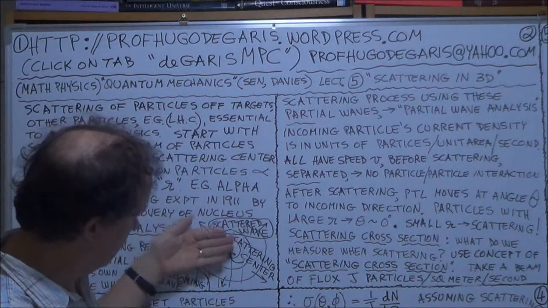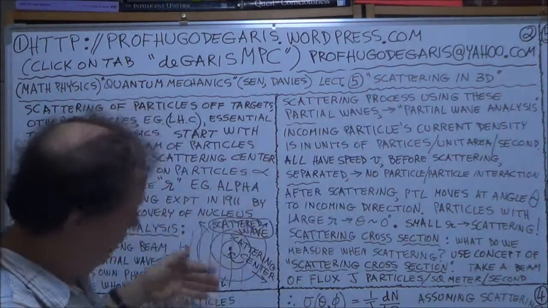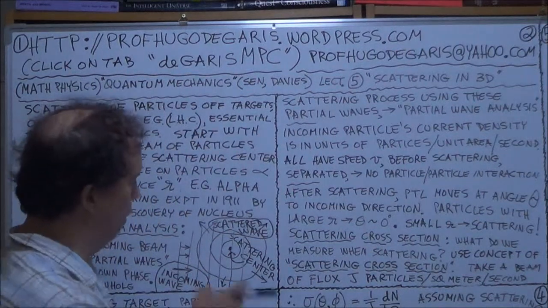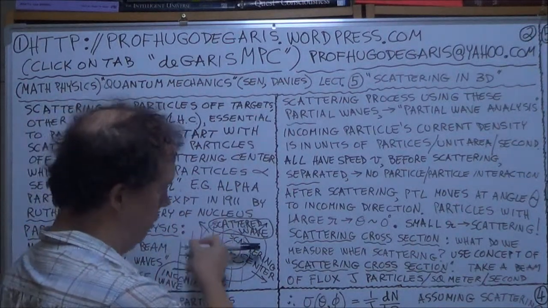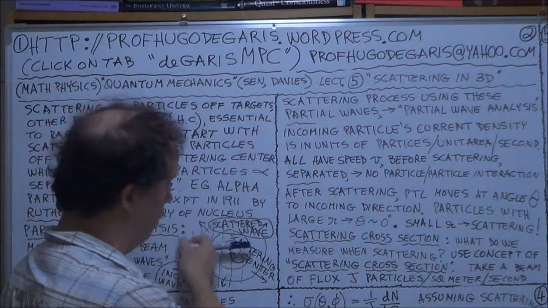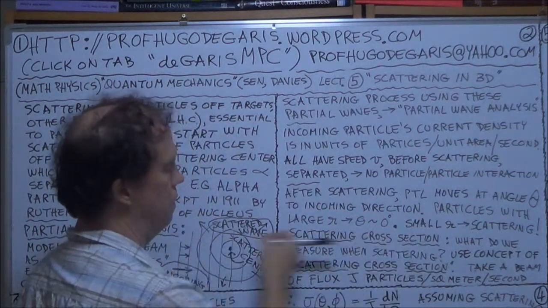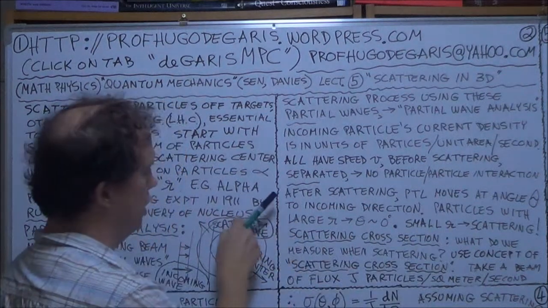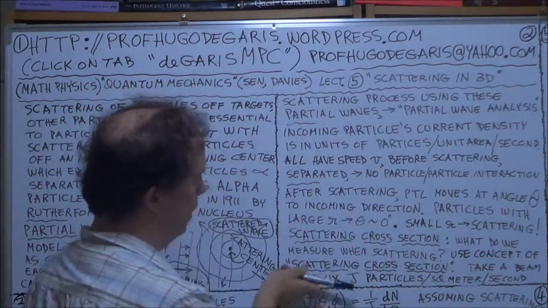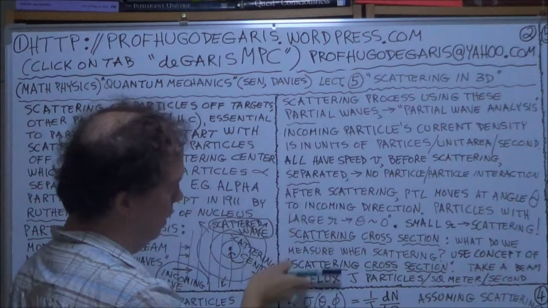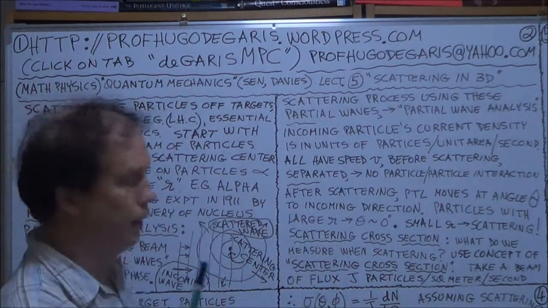If it does get deflected in the plane of the board, then the deflection angle is the angle relative to its incoming direction, the x-axis going this way. Say it deflects up that way. This angle here would be theta.